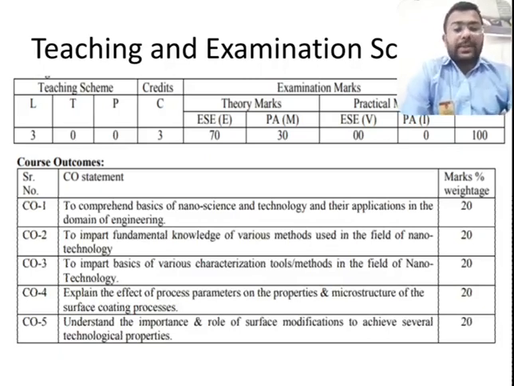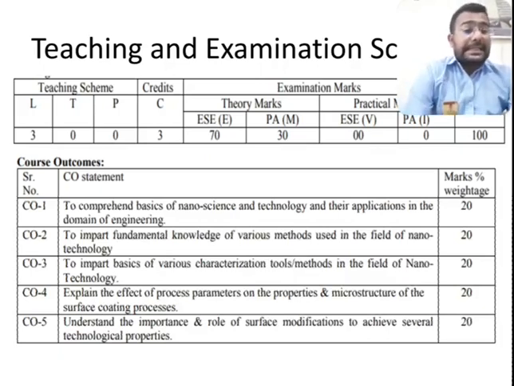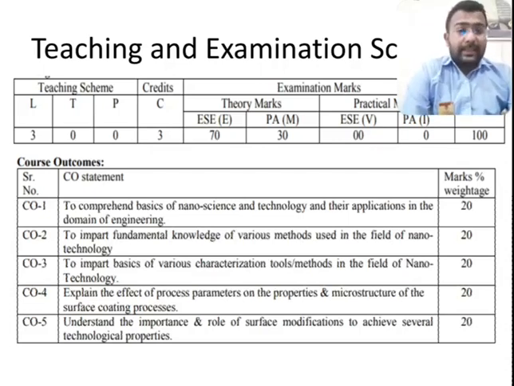Third topic is to impart basics of various characterization tools and methods in the field of nanotechnology. So we will learn various tools and methods which are used for nanomaterial. The weightage of this topic is 20% in the GTU exam.